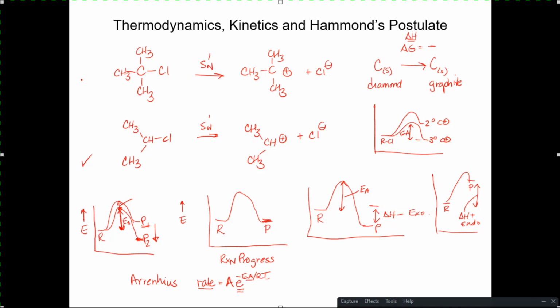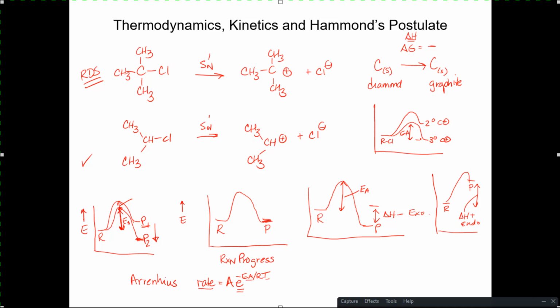So remember, this is the rate determining step for an SN1 reaction. So we would expect that a tertiary halide is going to undergo an SN1 reaction faster than a secondary halide. Why? Because it's forming a more stable carbocation. And now these aren't products, these are intermediates, right?